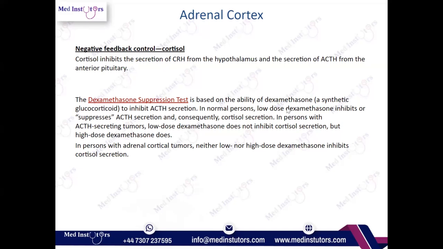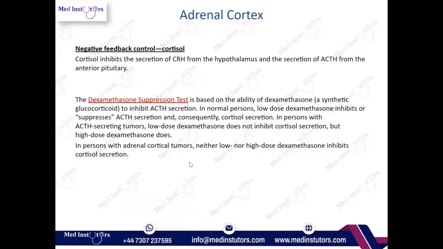In a normal person, low dose dexamethasone suppresses ACTH secretion, following a normal negative feedback mechanism, and consequently cortisol secretion. In a person with ACTH secreting tumors, low dose dexamethasone does not inhibit cortisol secretion, but high dose dexamethasone does. In a person with adrenal cortical tumors, neither low nor high dose dexamethasone inhibits cortisol secretion.